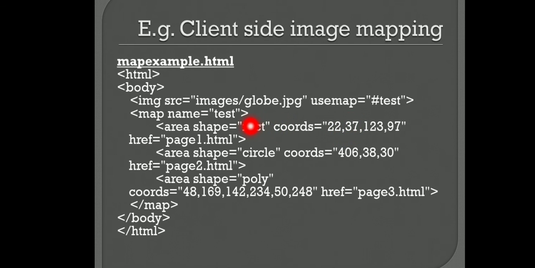If you go with the rectangle, it uses 4 coordinates, meaning 2 x and 2 y coordinates, and it links them. If you go with the circle, the coordinates consist of the radius and the area which you are covering. It will have 3 coordinates, and the diameter also gets covered.